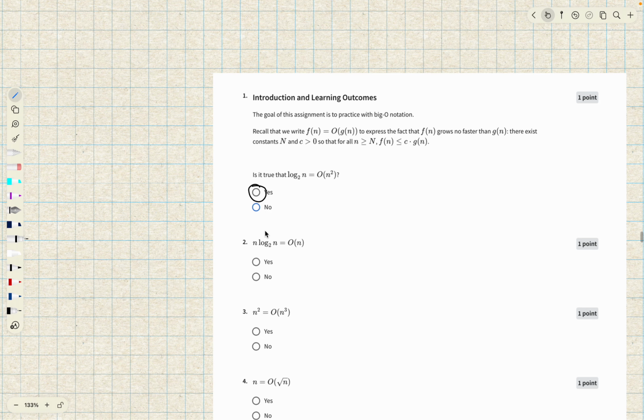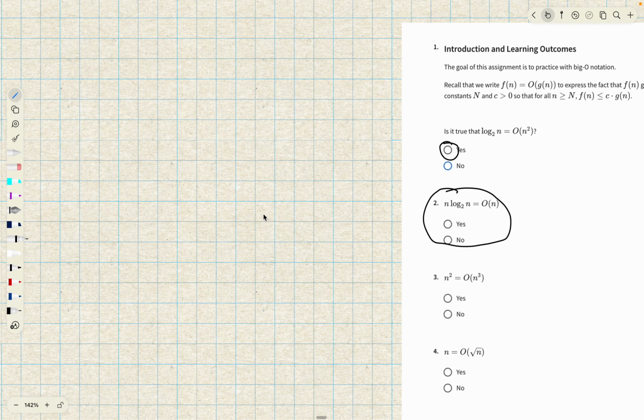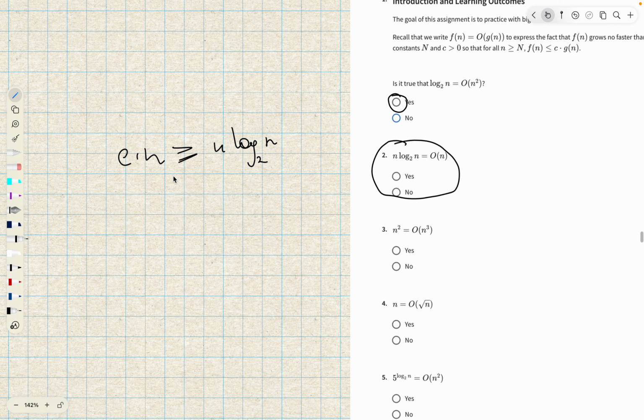And let's look at this question now. We're trying to do the same thing here. We need cn to be bigger than n log 2n. Let's do that.